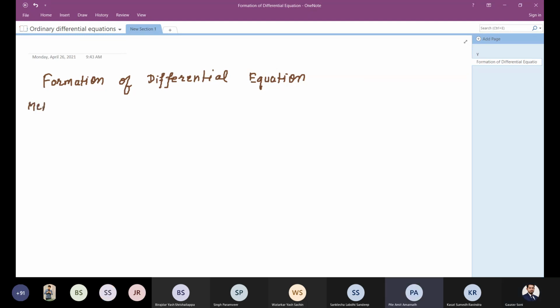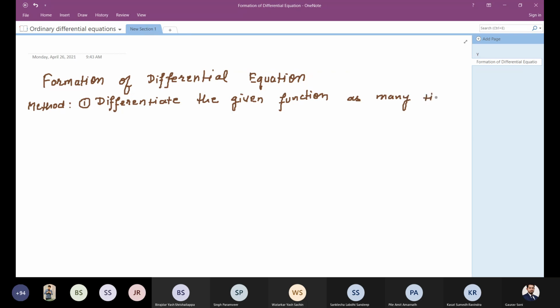The first step is to differentiate the given function as many times as the number of arbitrary constants.